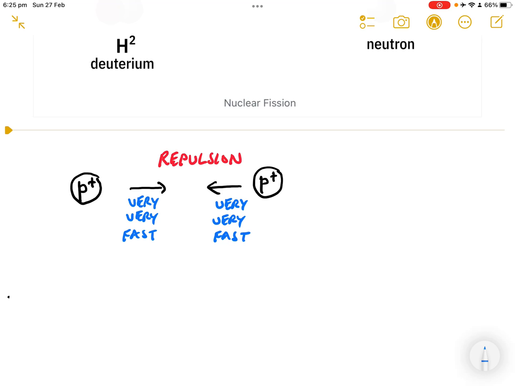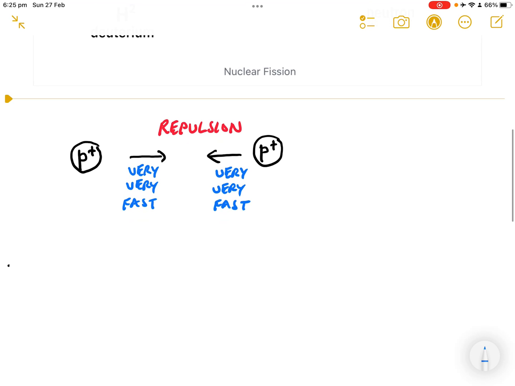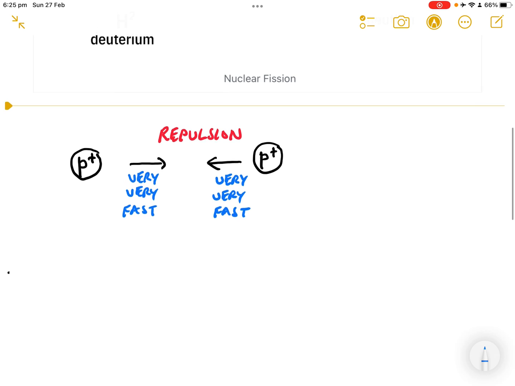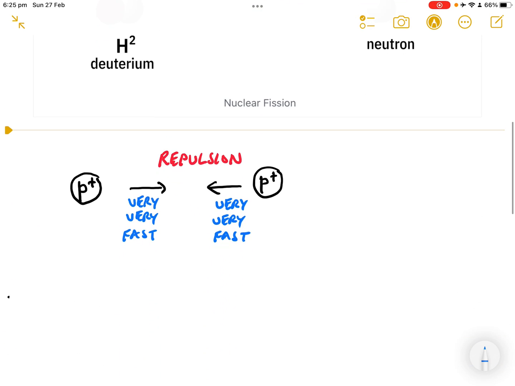If we can get both protons, both hydrogen nuclei with their attendant neutrons, to move towards each other at very, very fast speeds, then we can overcome the repulsion that they naturally have, their electrostatic repulsion, and fuse them together.